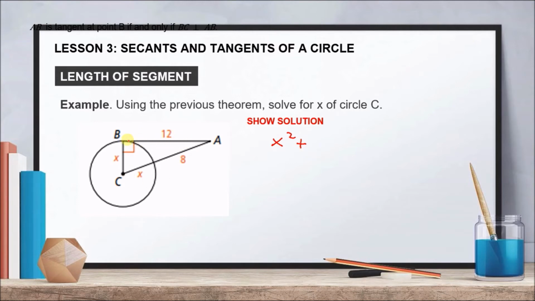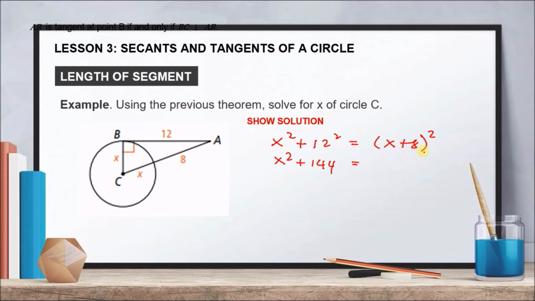We happen to have BA, so you are going to square that also, and you will have the combination of x and 8 to represent the hypotenuse of our right triangle ABC here. So with that, we could write x plus 8, and you are going to square that. So from these two sides, on the left and the right, we could bring down the x squared, we could bring down the 144 here, which is the square of our 12.